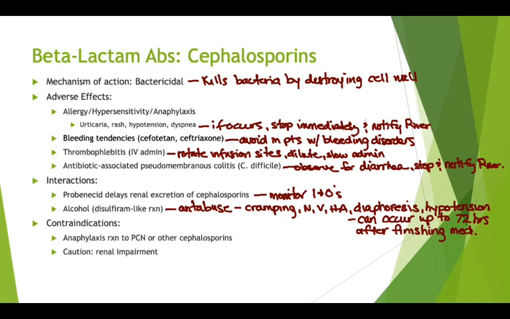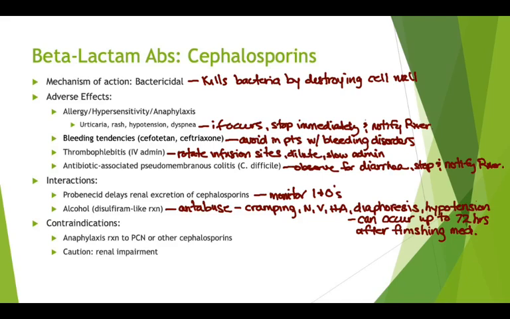Thrombophlebitis is an inflammatory process that's going to cause a blood clot to form, and it's going to block one vein or more than one vein. It usually occurs in your legs, okay? And that's an adverse effect from the cephalosporin.